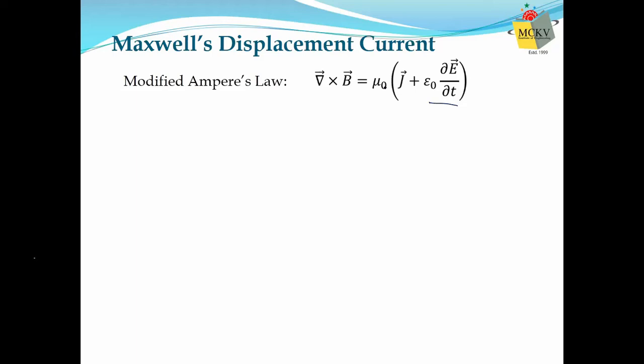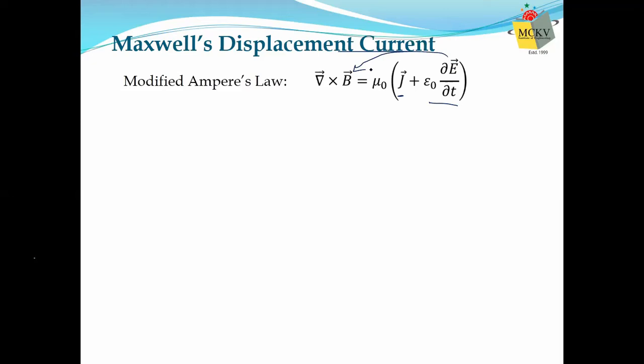When current passes through a conductor, we get a magnetic field, isn't it? We know that if a current passes through a conductor, a magnetic field is generated around that conductor, and its magnitude and direction can be estimated from Ampere's law. Now you observe another term is there, this term. So can you now say that it is not only the conduction current that produces a magnetic field, but the rate of change of electric field can also produce a magnetic field, isn't it?